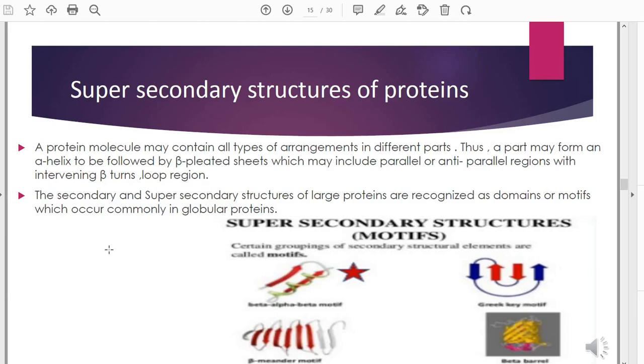And the Greek key motif is on the right, up in the figure. This figure is called Greek key. And also on the right but down in the figure, the beta barrel, it's barrel-like. This is the super secondary structure which forms motifs or domains.